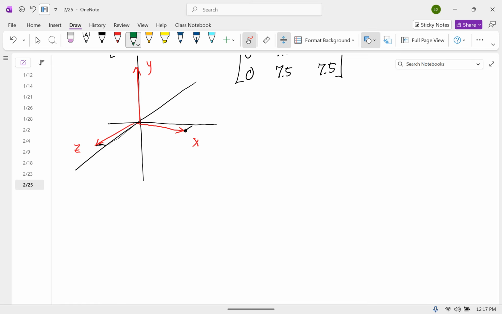So put your thumb in the direction of the x-axis and rotate. This x-axis is going to be the same because we're rotating about that. The z-axis is going to be down like this, and the y-axis is going to be out like that.